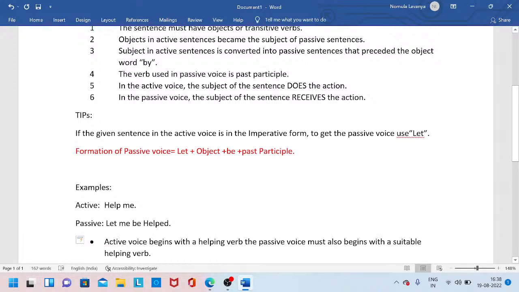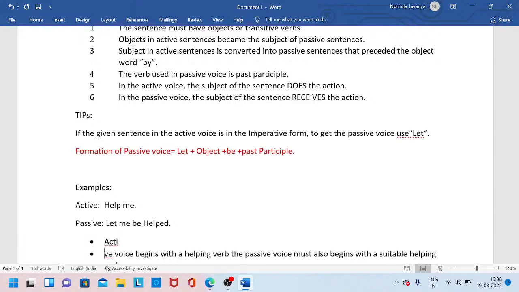The passive voice must also begin with a suitable helping verb. In active voice it begins with a helping verb, and the passive voice must also begin with a suitable helping verb.